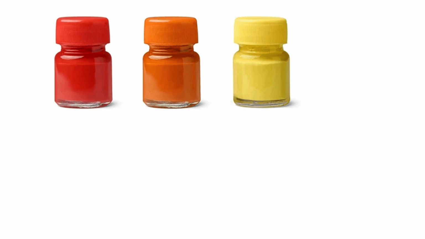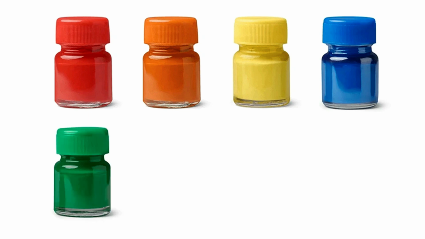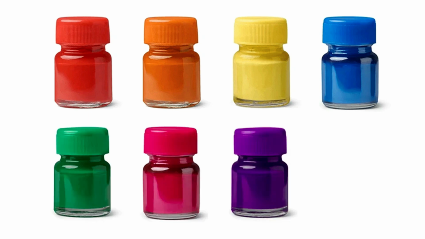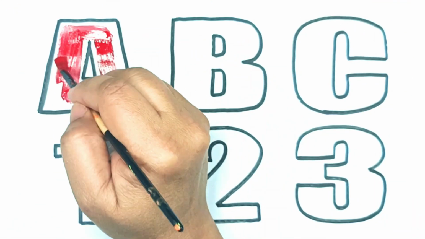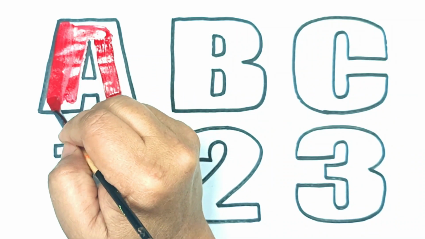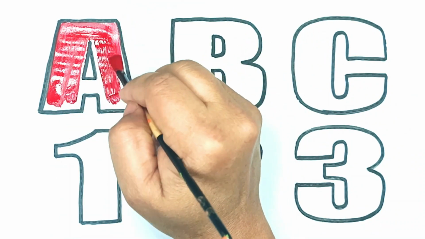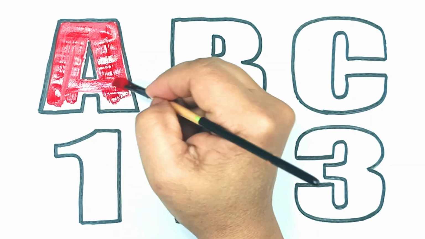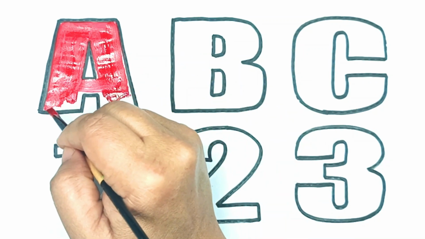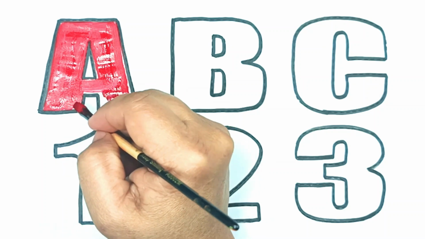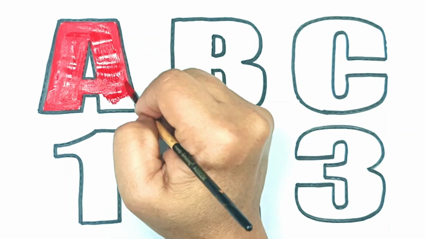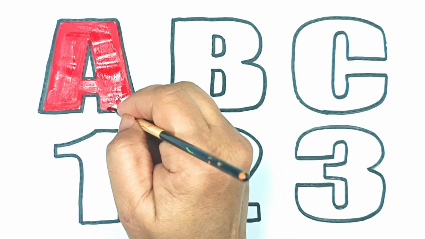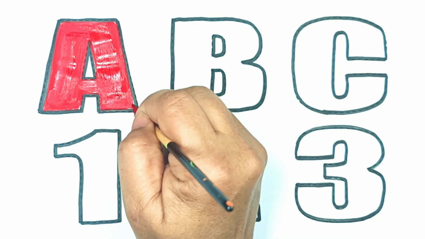Red color, orange color, yellow color, blue color, green color, pink color, purple color, brown color. A is for airplane. It flies in the sky.